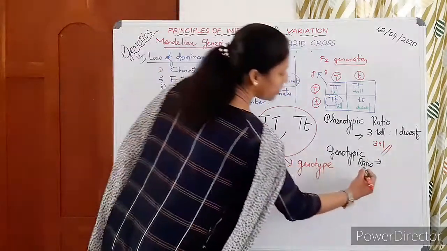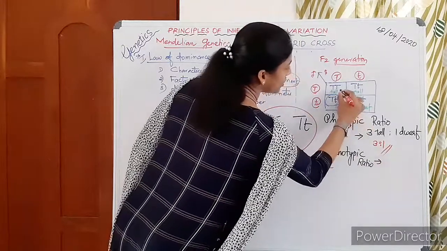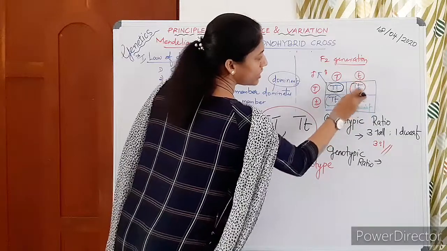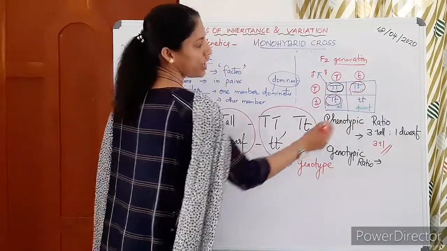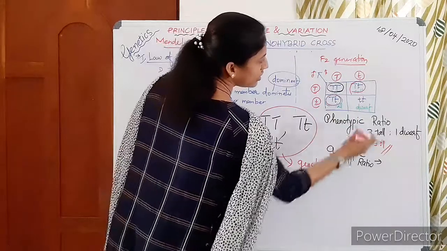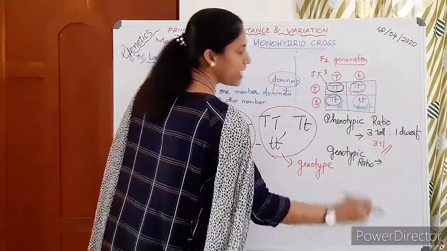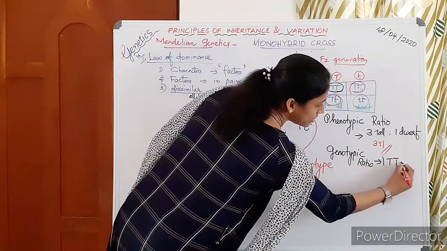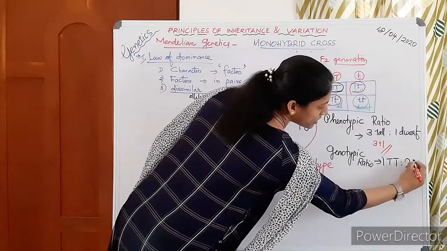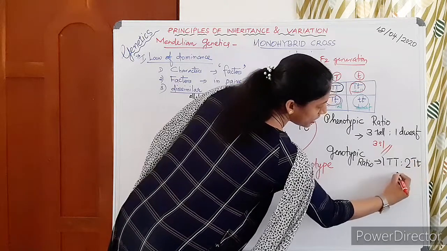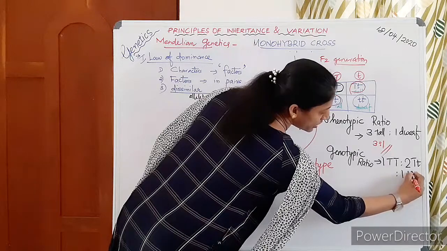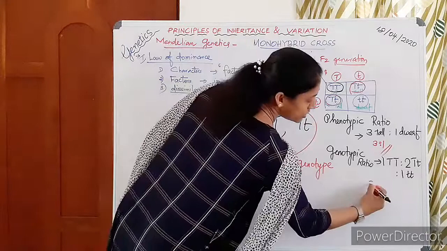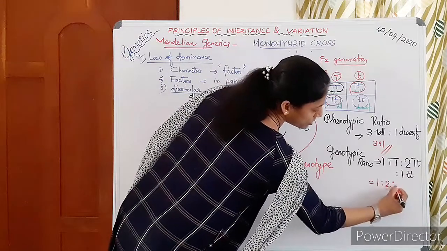Then what is the genotypic ratio? How many are capital T capital T? Only 1. How many are capital T small t? 2. And how many are small t small t? 1. That ratio is the genotypic ratio: 1 capital T capital T is to 2 capital T small t is to 1 small t small t. The genotype combination is a ratio, so the ratio is 1 is to 2 is to 1.